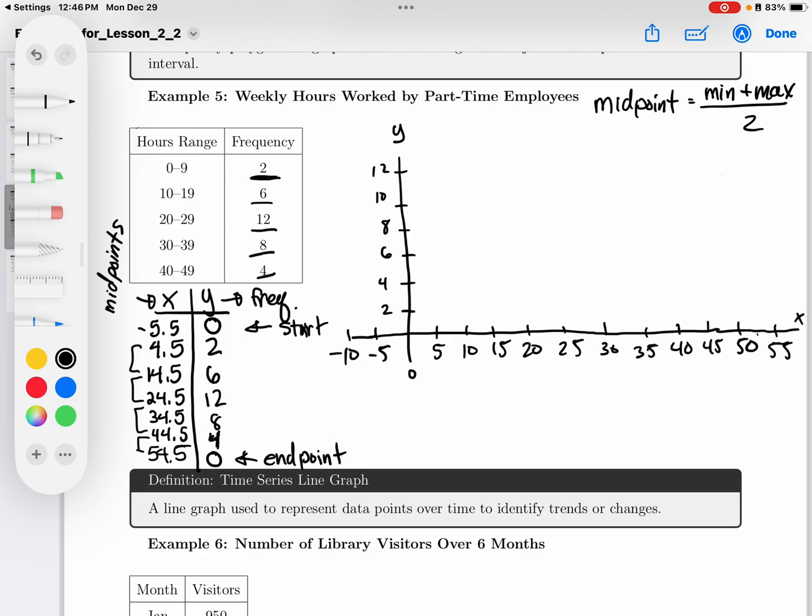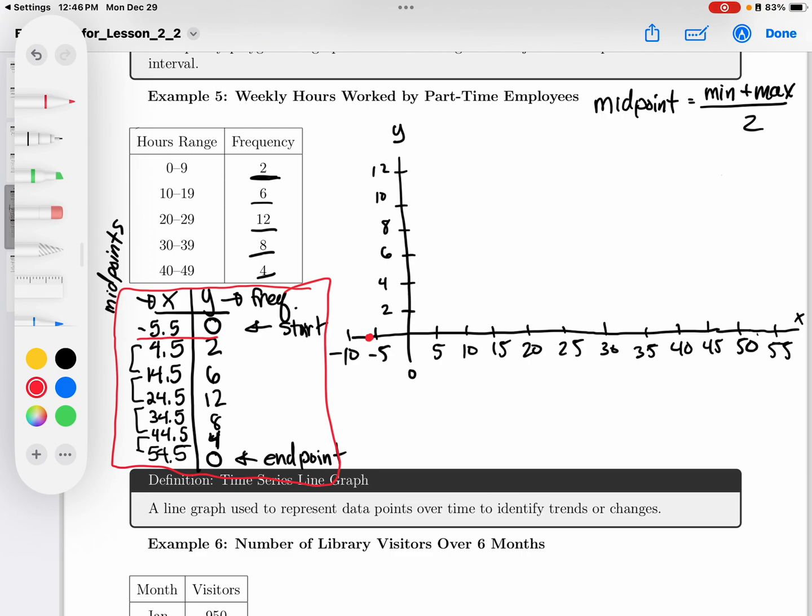Now, the last part is to just start plotting these points that we found here. We found the midpoints, the start point and the end point, and we're just pairing it up with the frequency. So my first point is -5.5, 0. So it's going to be about right here, a little bit past -5 in the negative direction.